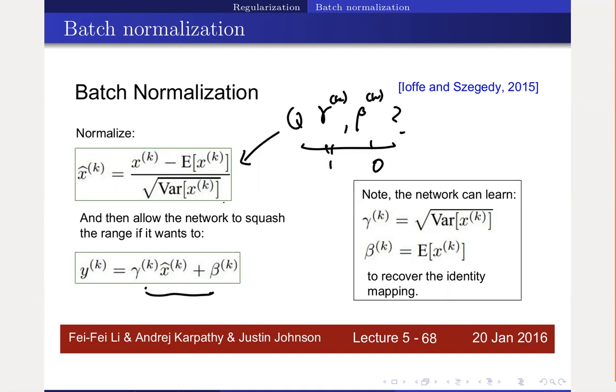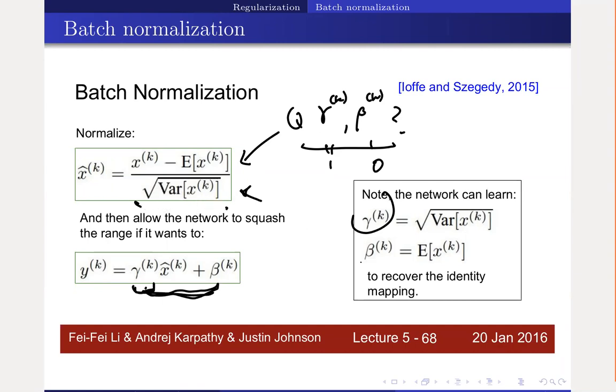On the other hand, if this is not doing a good thing, then training the model itself will automatically undo that, right? You can undo this operation. If gamma is equal to the standard deviation of x, or the square root of the variance of x, then this will exactly reverse the division operation.